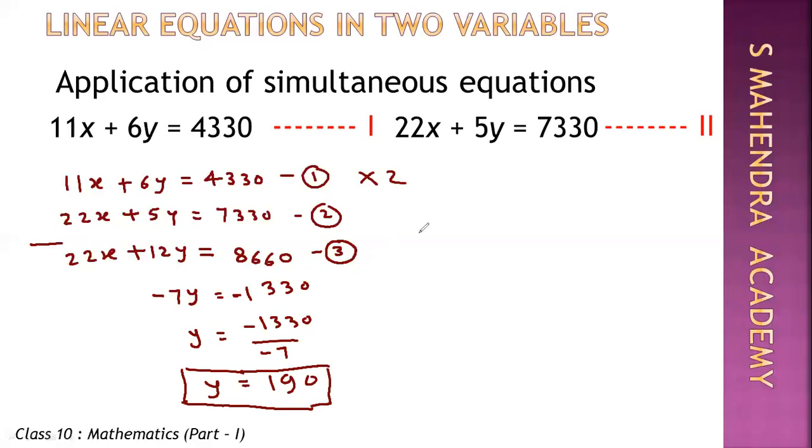Now we have to calculate the selling price of analog wristwatch, and we will find out that value by substituting y is equal to 190 in equation number 1. So the equation number 1 will be 11x plus 6 into 190 is equal to 4330. So 11x plus the multiplication of 6 into 190 is 1140.